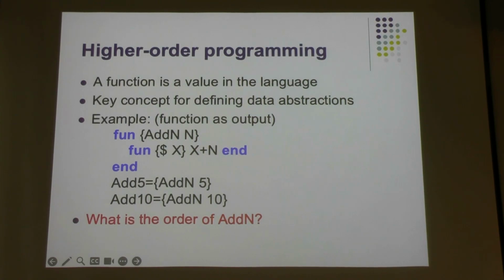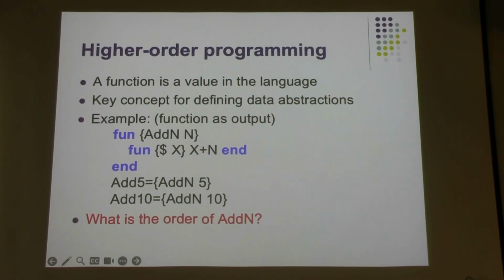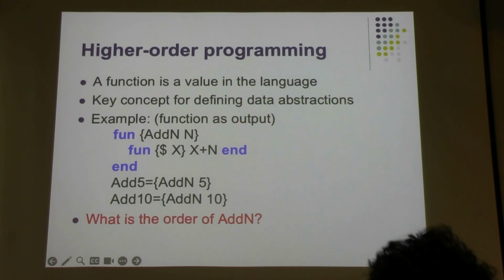Because add n returns a function that takes x and does x plus n. So it returns a function that takes a number and does an addition. So the function that it returns is first order, so add n is second order. Okay? So this is a second order function. Okay, see how that works?